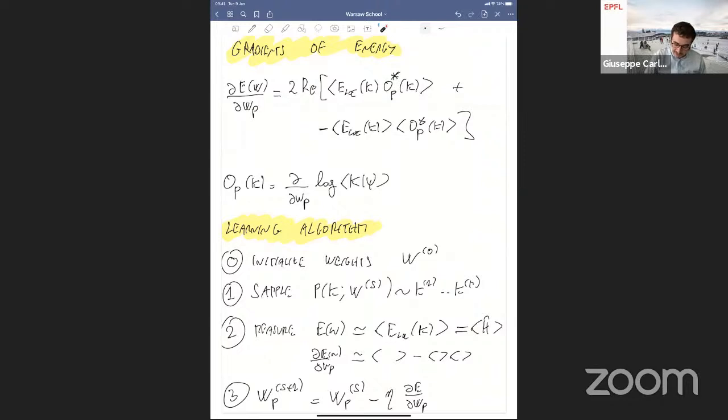So what we do is generate our samples ourselves with our current model, and when we improve this model, we generate different samples at each step. This is crucial here. At each step, we generate different samples until we self-consistently converge to a good approximation, hopefully, of the ground state.